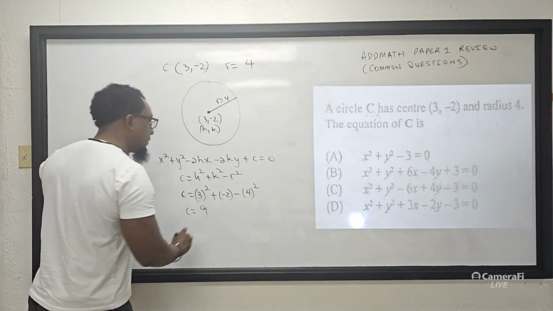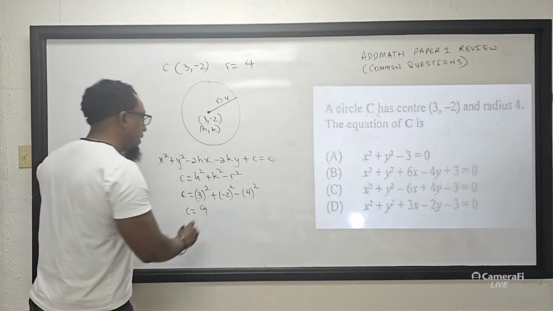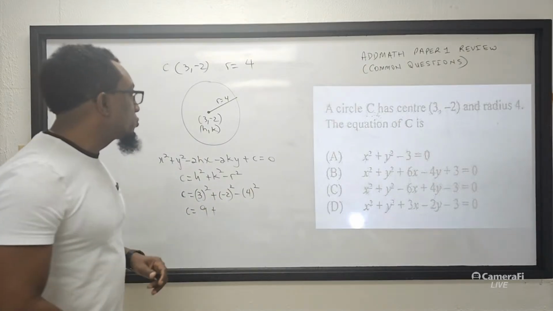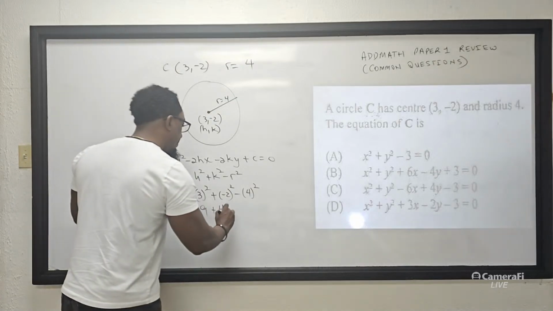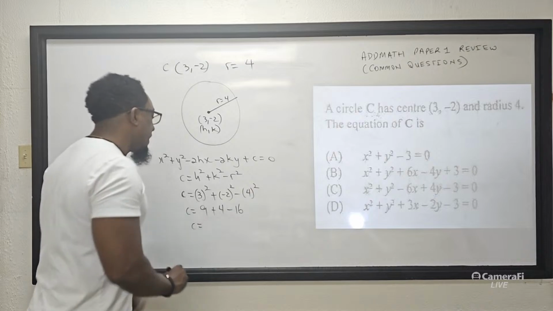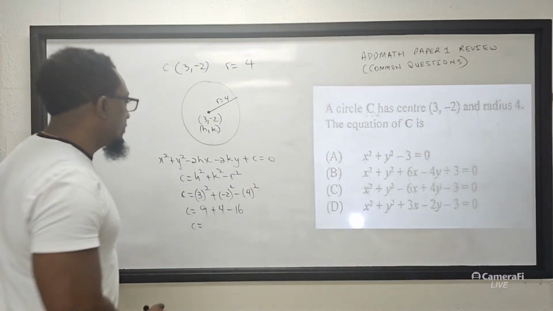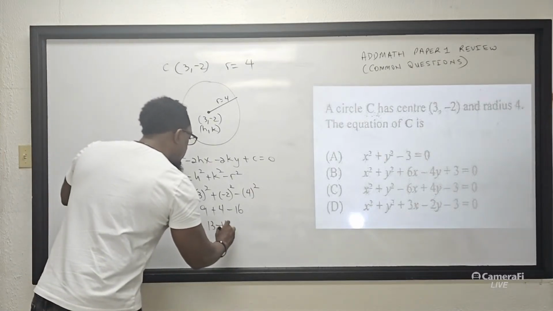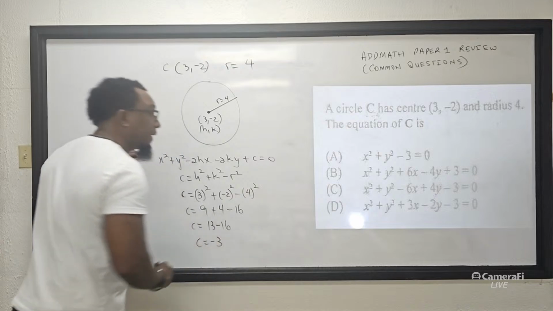So c is 9 plus (-2) squared will be 4, subtract 16, 9 plus 4 is 13, 13 subtract 16 is -3.